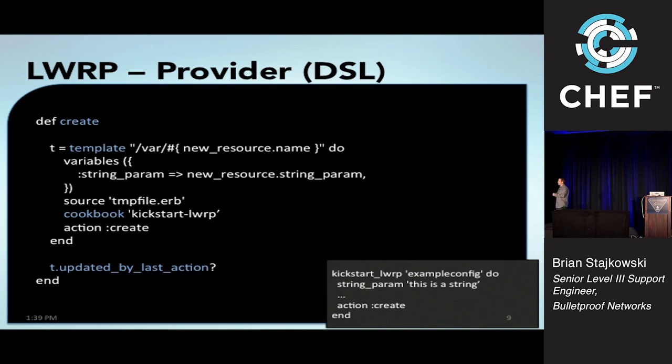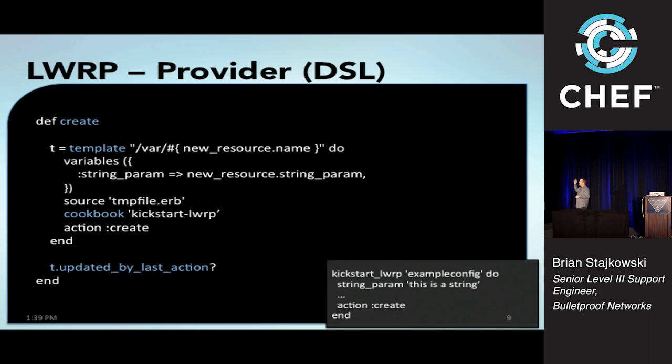I mean, you can create as many methods as you want, and you can actually execute other resources. So in this instance, I'm calling the template resource to actually create a template. And the template resource will contain and look at the current state of that file and converge the file if it needs to. So I'm deferring those checks off to the template resource.